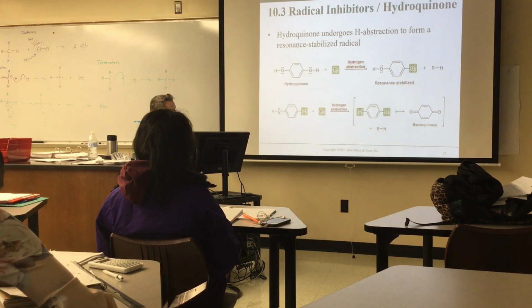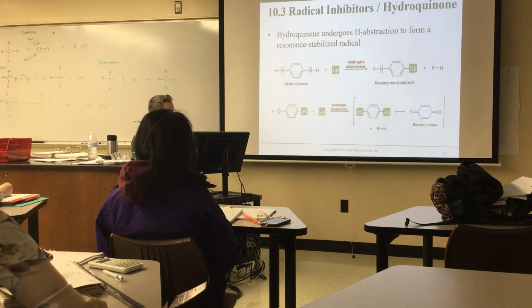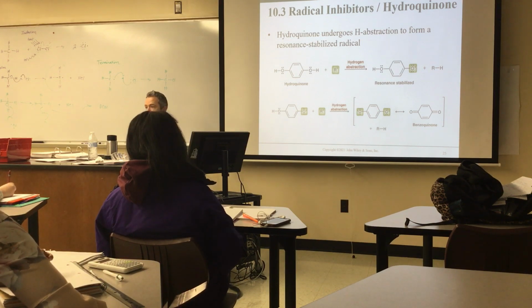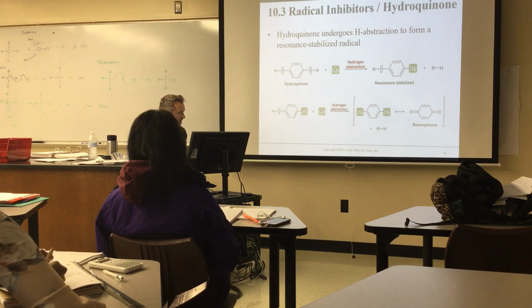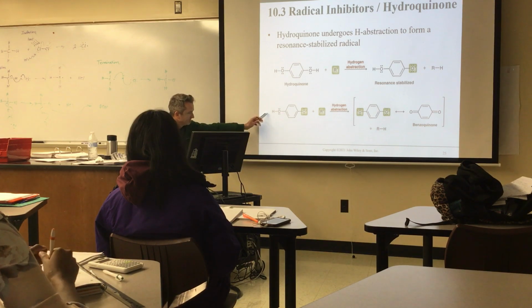So let's look at hydroquinone. You get this hydrogen abstraction, and then you get this resonance stabilized radical. That resonance stabilization is why it's a great scavenger, and it can occur twice, which is why it's very nice.